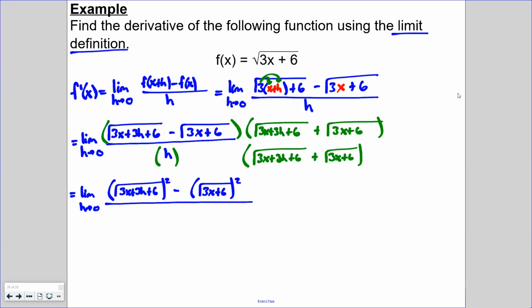And then in the denominator, we're just going to leave it as is, because again, we are going to eventually want to factor out that h so we can cancel it out with a factor of the numerator.